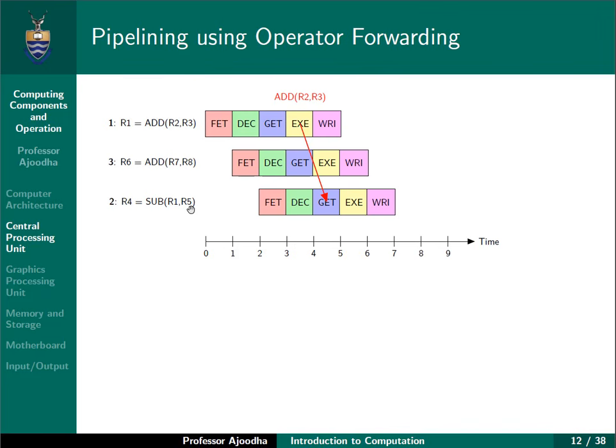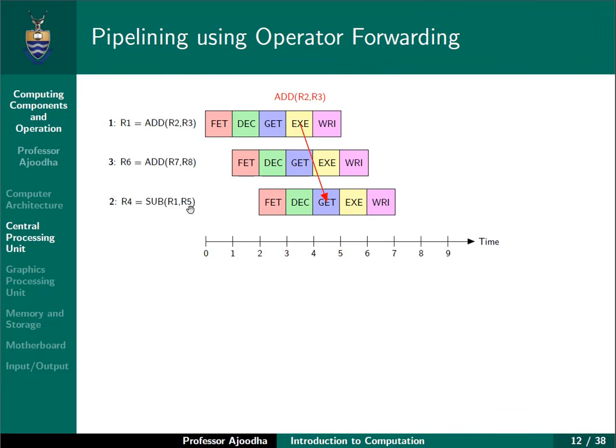Okay, so we see that even rearranging them helps. So now let's look at the other thing there, which is the forwarding. Before we look at that, let's just talk about the reordering. Instruction reordering rearranges instructions based on whether they are independent of others.